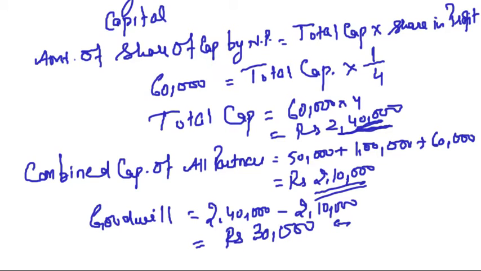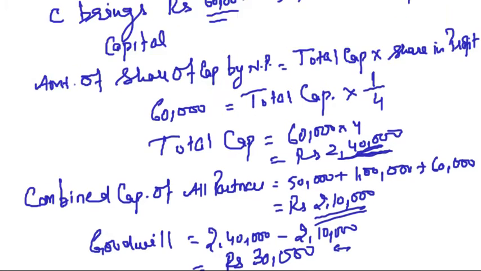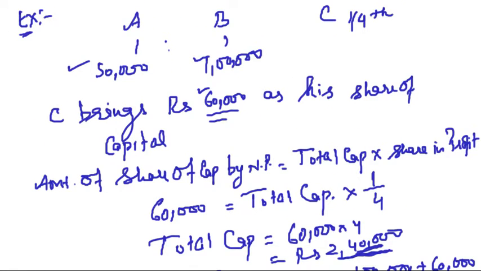Then we calculate the combined capital of all the partners, including the new partner. That comes to 2,10,000. Then why is this new partner bringing 30,000 extra? That 30,000 extra is the goodwill that has been brought in by the new partner. Premium for goodwill. Right? So you can write this example. Clear?